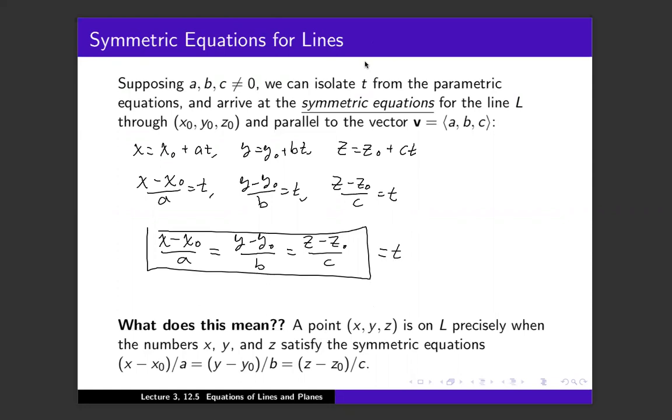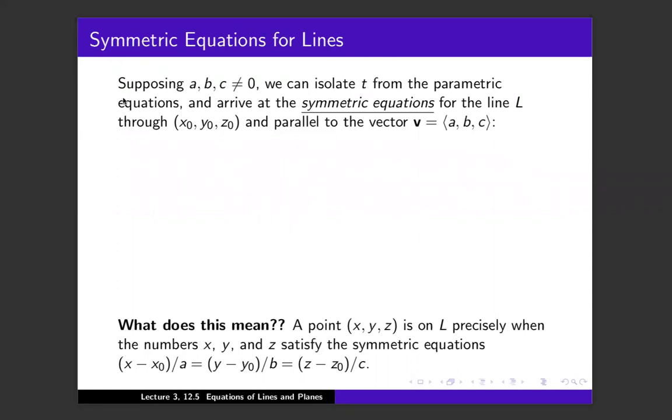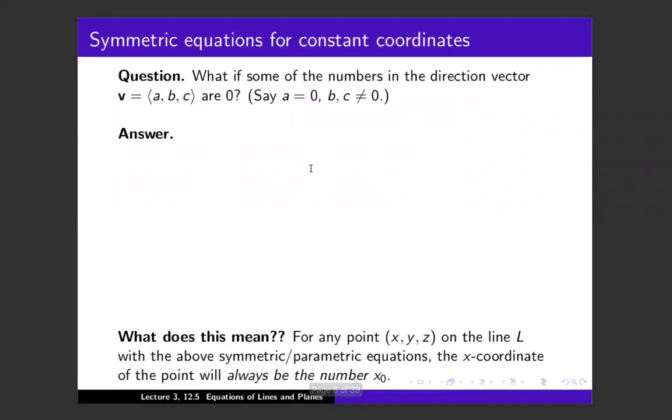Okay, so moving right along. Now, what if some of the numbers in the direction vector are actually equal to 0? Just remembering what the usual symmetric equations are: x minus x naught over a is y minus y naught over b is z minus z naught over c.